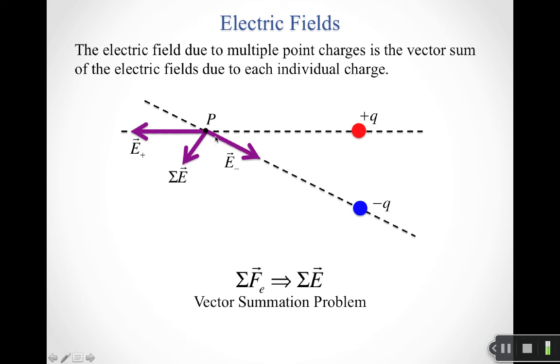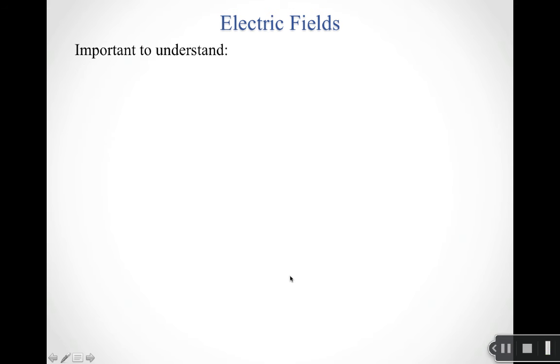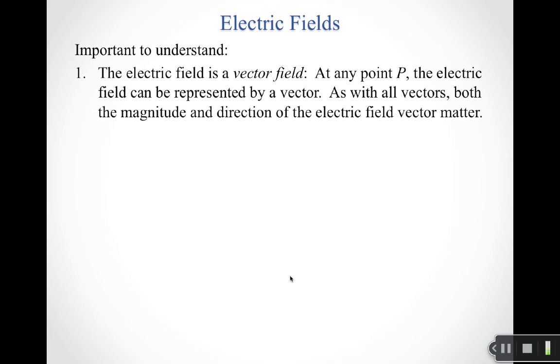In this case, I've got two-dimensional vectors. I've got stuff going on horizontally, stuff going on vertically. So I can pick whatever coordinate system I want. I need to add those two vectors together, and I'm going to have two equations to do it. So it's critical that we understand the electric field is a vector field.